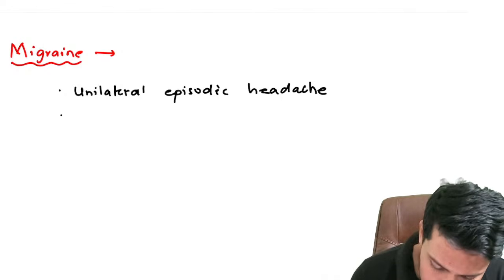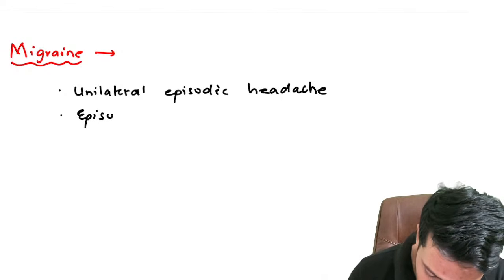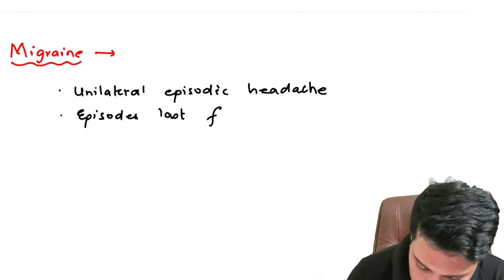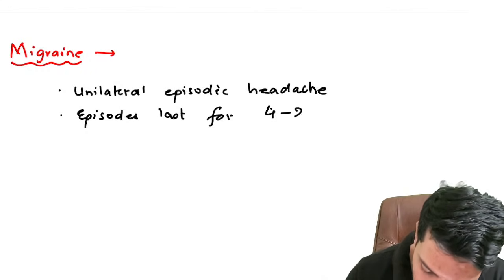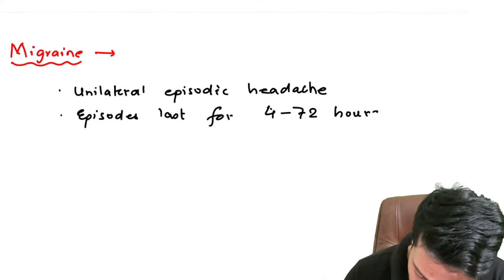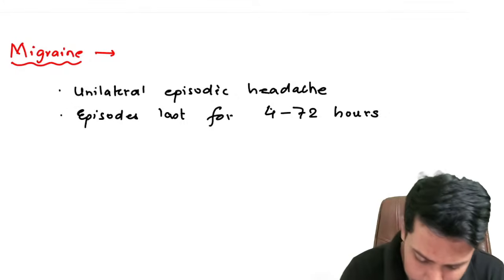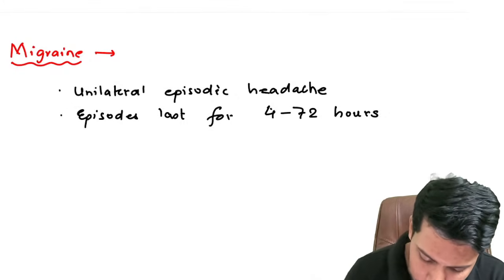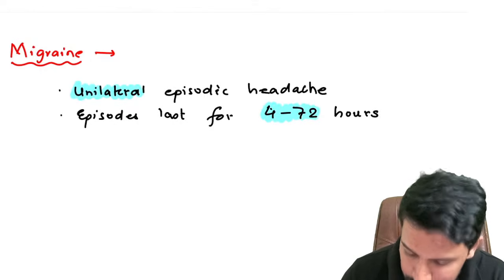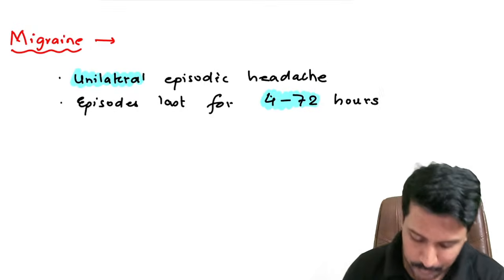Whenever an attack of migraine happens, it lasts for 4 to 72 hours. Very, very important. Your teachers are specifically looking for these pointers. You should mention unilateral, and you should mention 4 to 72 hours.